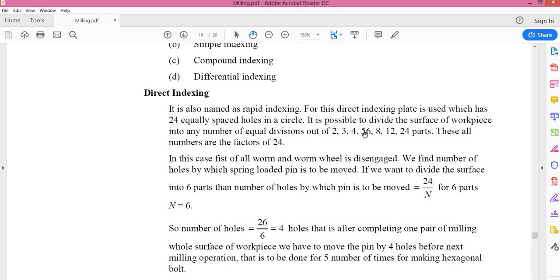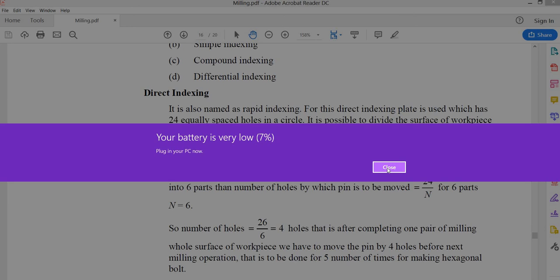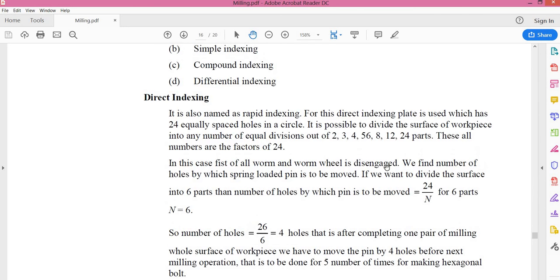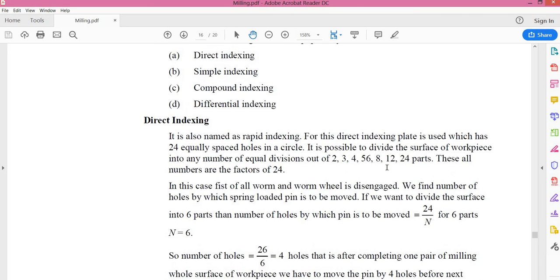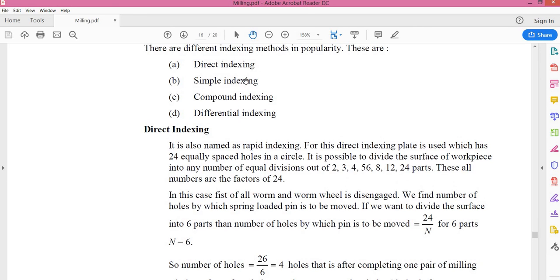The simple indexing method overcomes the disadvantage we have in direct indexing. Simple indexing is used when you want more complicated jobs to be created by indexing, which we will see in the next lecture.